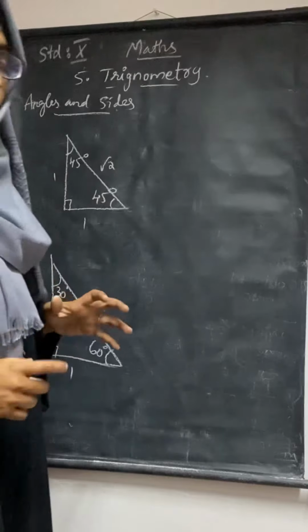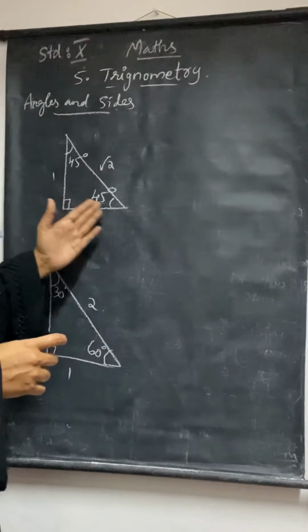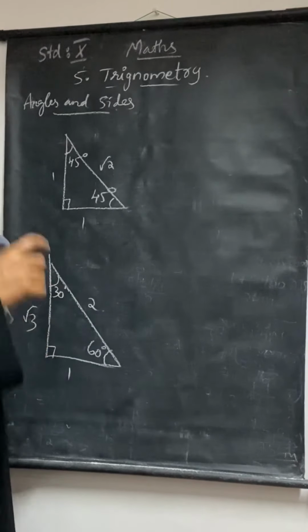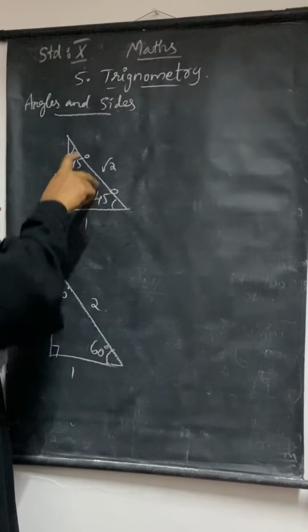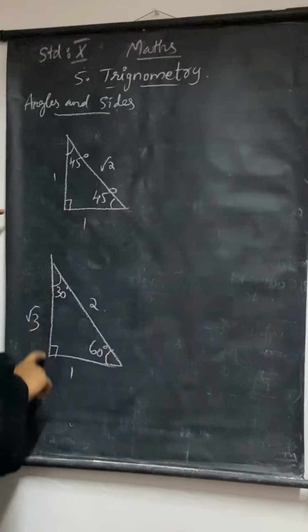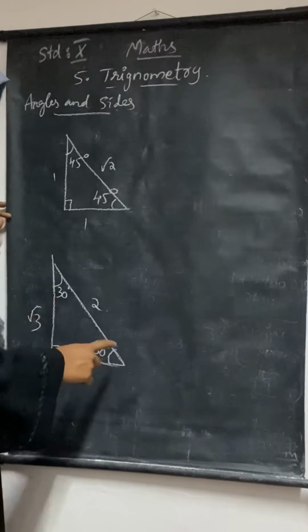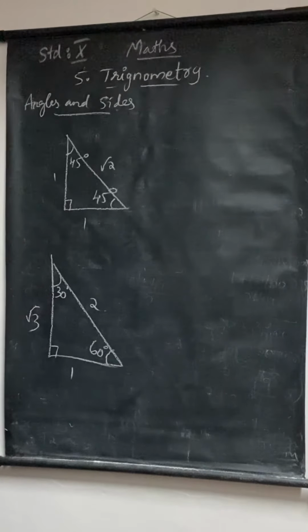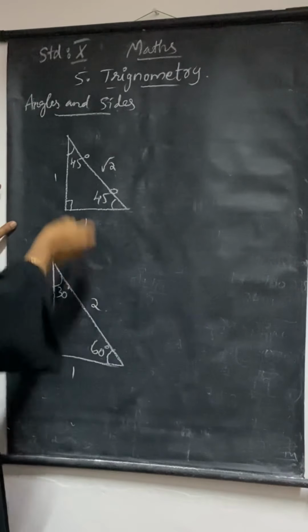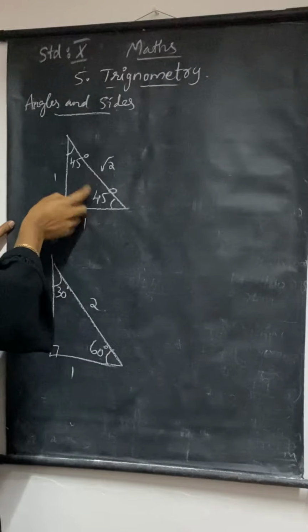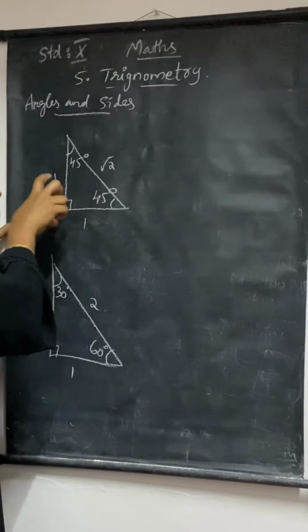So many classifications we have seen. You can see the right triangles here. The two triangles you can see: one with 90 degree, 45, 45, where these two angles are the same, and another with 90 degree, 30 degree and 60 degree. You need to remember this, we told you before. So what is the speciality of these? Because the two angles are the same, you will get the two sides also the same.